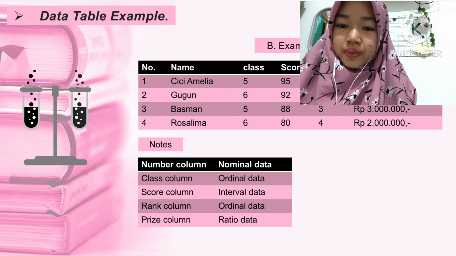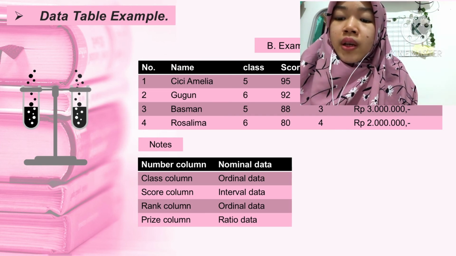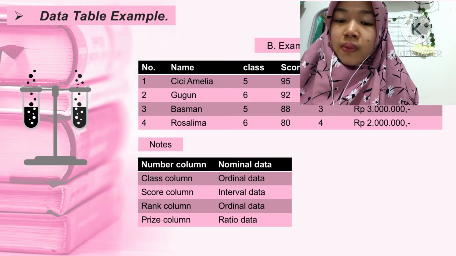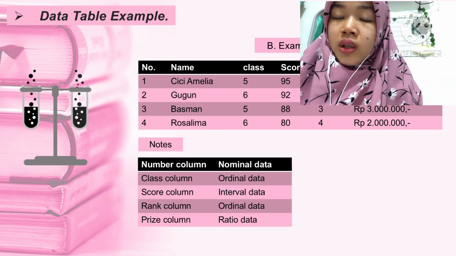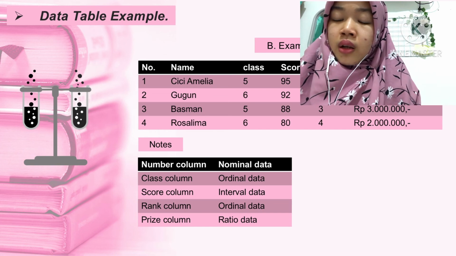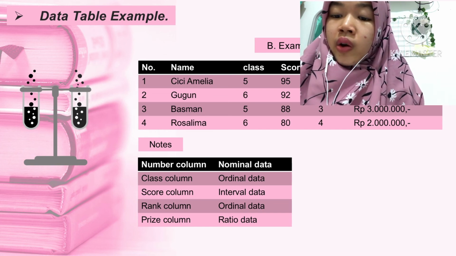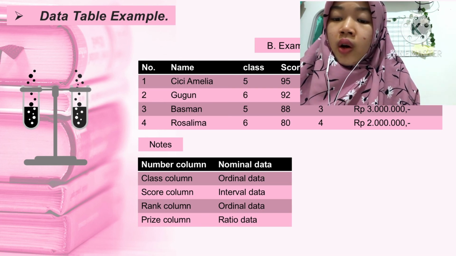The first table. We can summarize the first table into the second table. The number column is the category, so it is called nominal data. The class column is levels and order, so it is ordinal data.